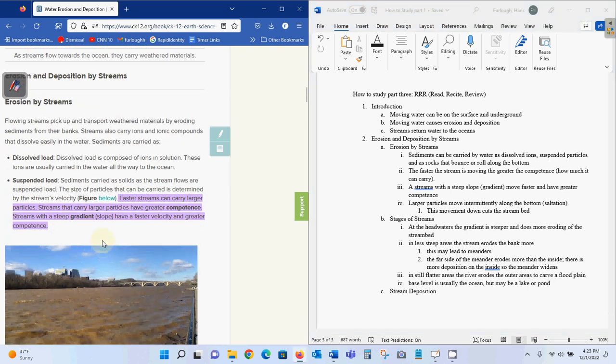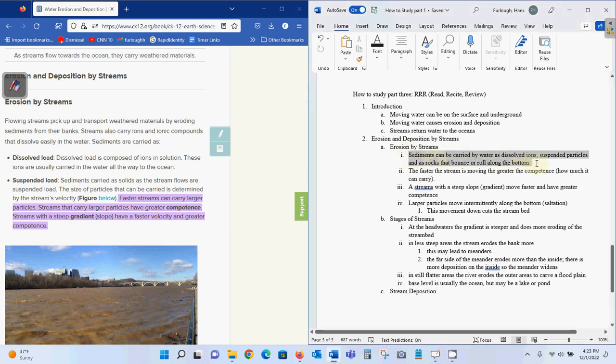It dissolves, suspended, or bed load. So I list those and I say these are the ways that a river can move materials. And then I have some other details like the faster the stream is moving, the greater the competence. And here I defined what competence is, kind of, but I can refer back to the vocabulary.